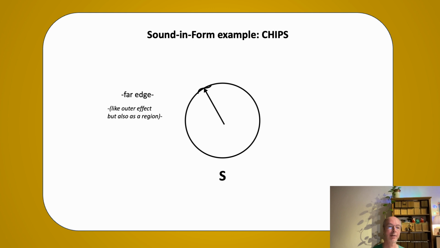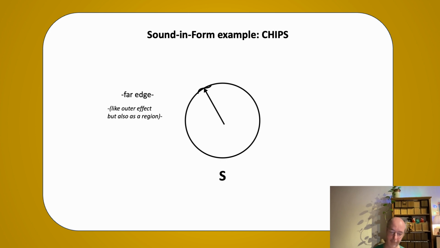With the chips we have the letter S a couple of times. The S in chips is more or less an S, but in a different version, and it ends with S. What is S? More or less, I described it as the effect, but it's actually the thing that is furthest away from us in sound as well. You can say it is the outer effect, but it is also on the far edge.